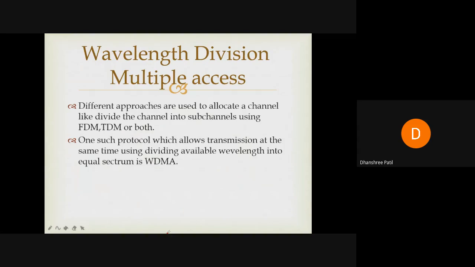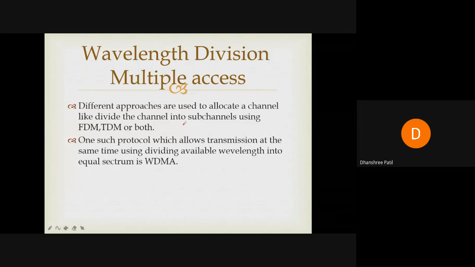Then next is the wavelength division multiple access. We started this point yesterday, so I told that we'll see it in detail again. So the next protocol is the wavelength division multiple access.